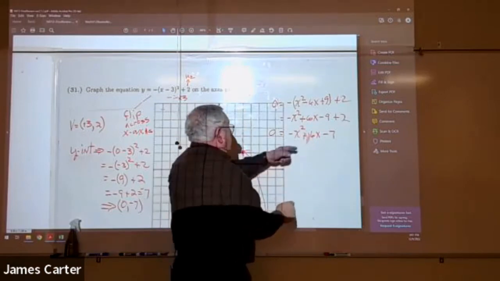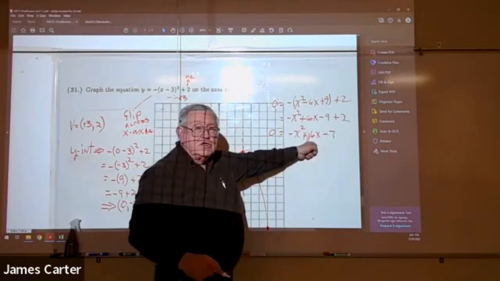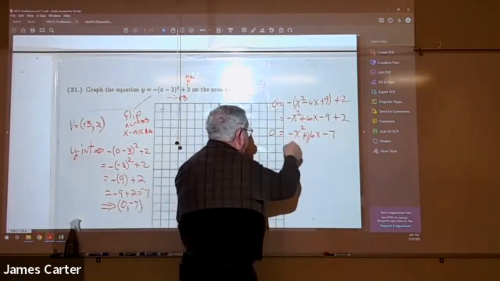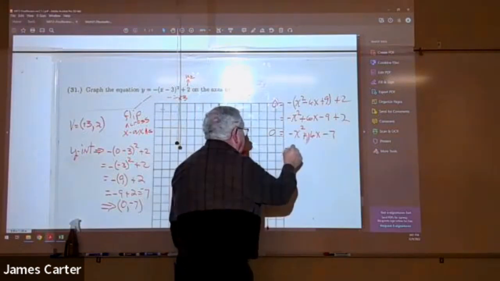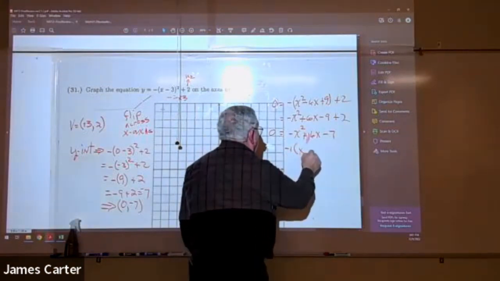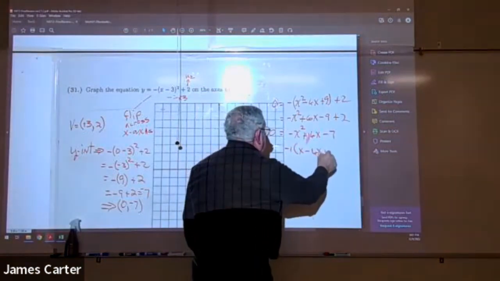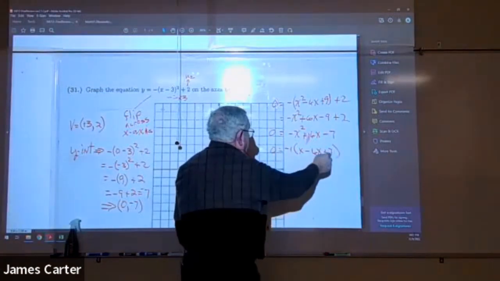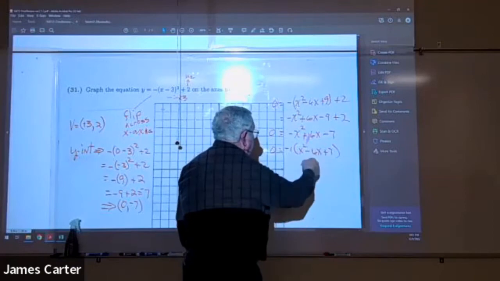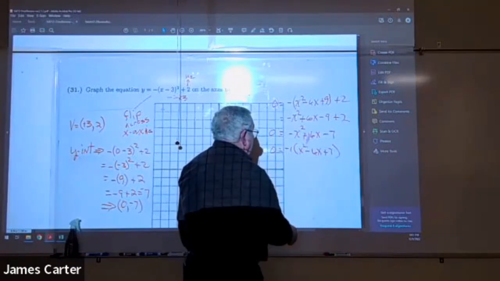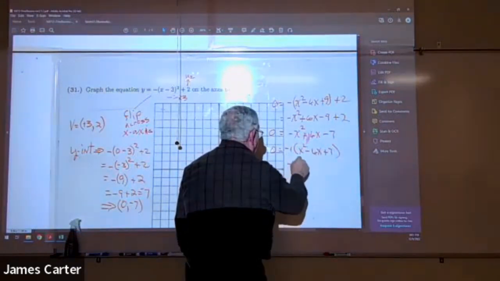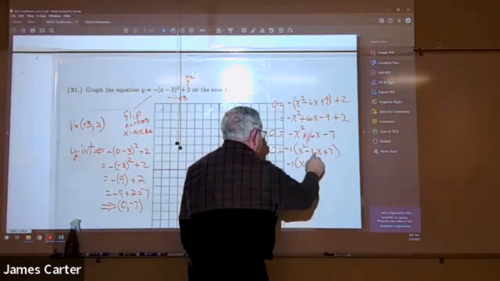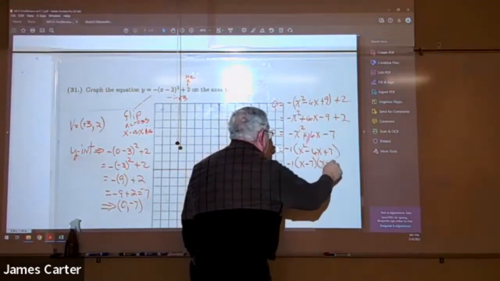There. And then you can either factor this or use the quadratic formula. Actually, if it weren't for that negative, you could pull the -1 out, have x squared minus 6x plus 7 like that. And this factor is actually pretty easy. Okay, it factors into -1 times (x minus 7)(x plus 1).